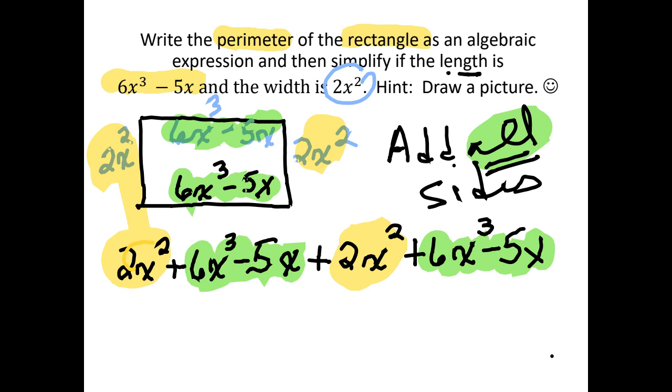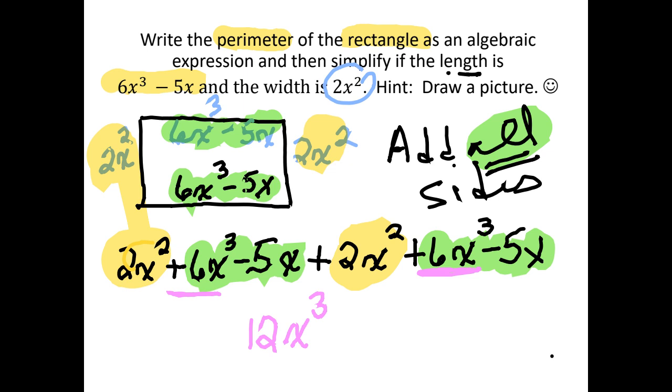Now, let's put them together. Combine terms. What is the highest power of x? Well, I have a 6x cubed here and a 6x cubed here. This will give me 12x cubed. Notice perimeter.